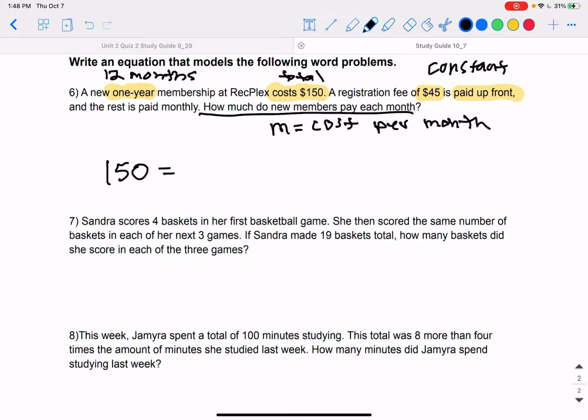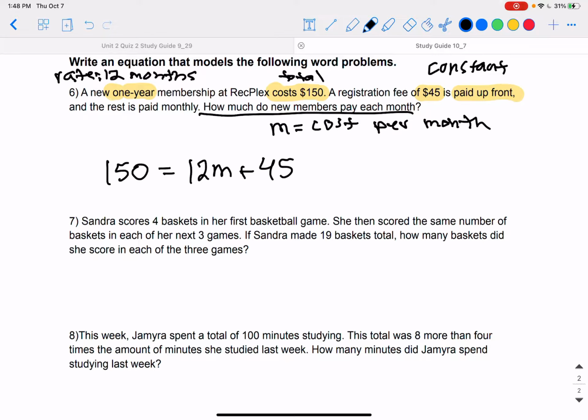And how often are you paying that? 12 months in a year. So this is our rate. Okay, so we want to do our rate times our variable. So that's 12M, and then plus our constant, which is 45.